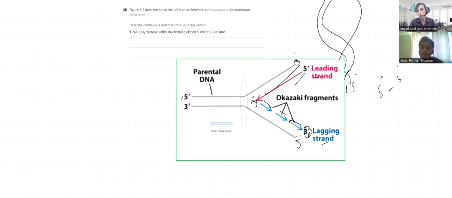So definitely this lagging strand has to build the new nucleotides just opposite to the parental strand. So if 5 is on this side, it definitely has to find somewhere the next point so that it can continue its strand building.